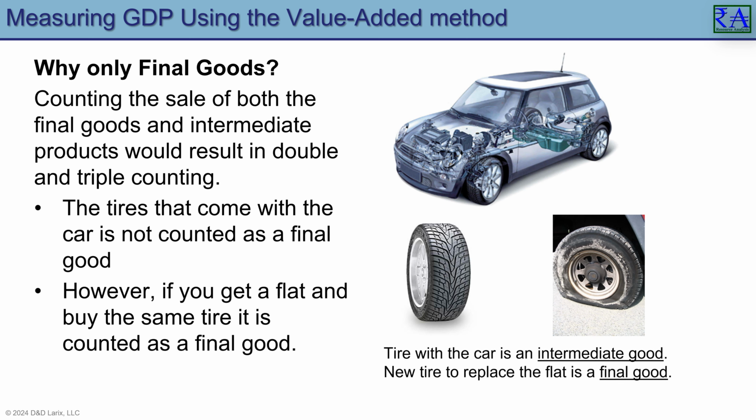Intermediate goods and services, which are used in the production of the final goods and services, are not included in the value-added approach to GDP because the expenditures on intermediate goods and services are included in the market value of the expenditures made on the final goods and services. Including expenditures on both intermediate and final goods and services would lead to double counting and an exaggeration of the true market value of GDP.